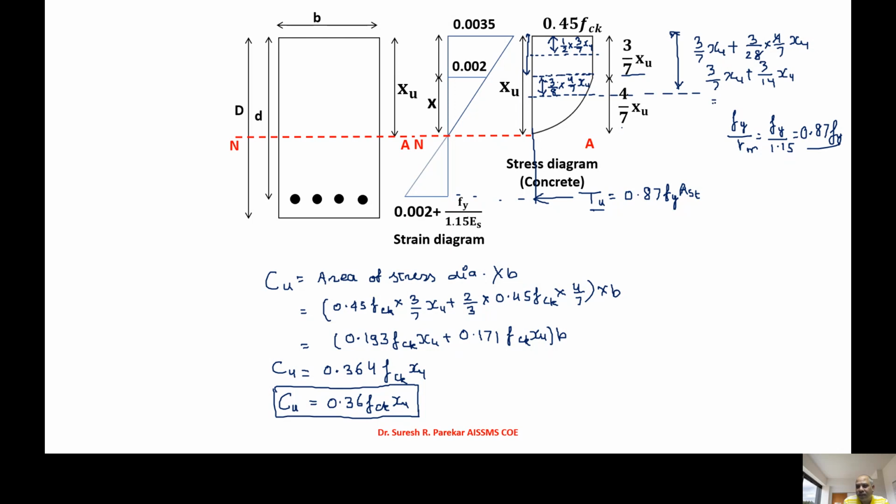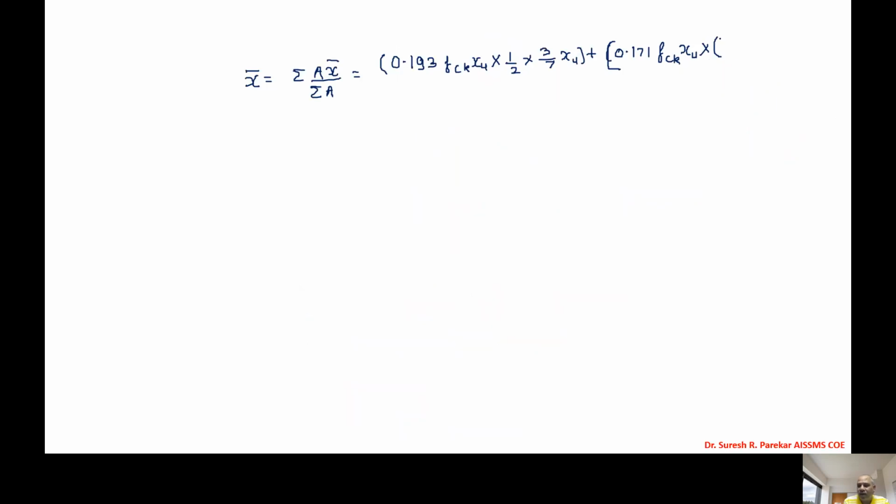If we solve this, 6 plus 3, 9, with 14 below. So 9 by 14 into xu, which is 3/7 of xu plus 3/8 of 4/7 of xu.